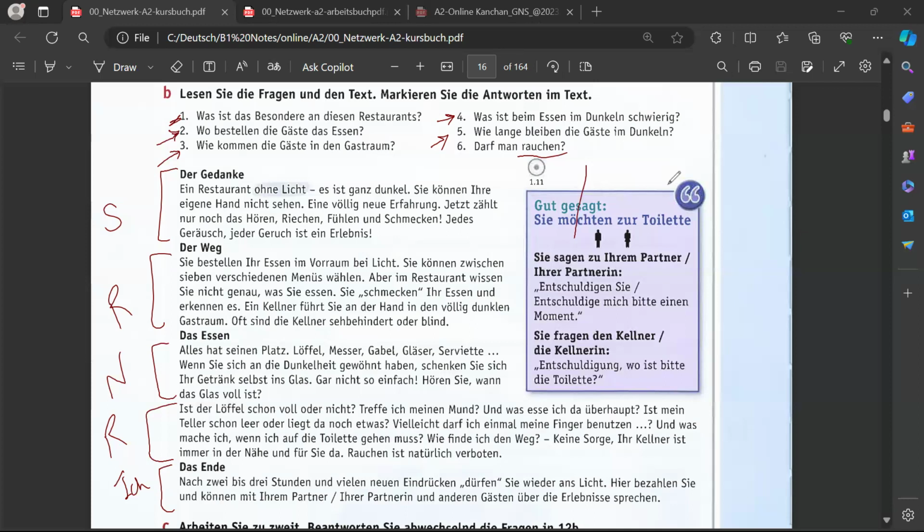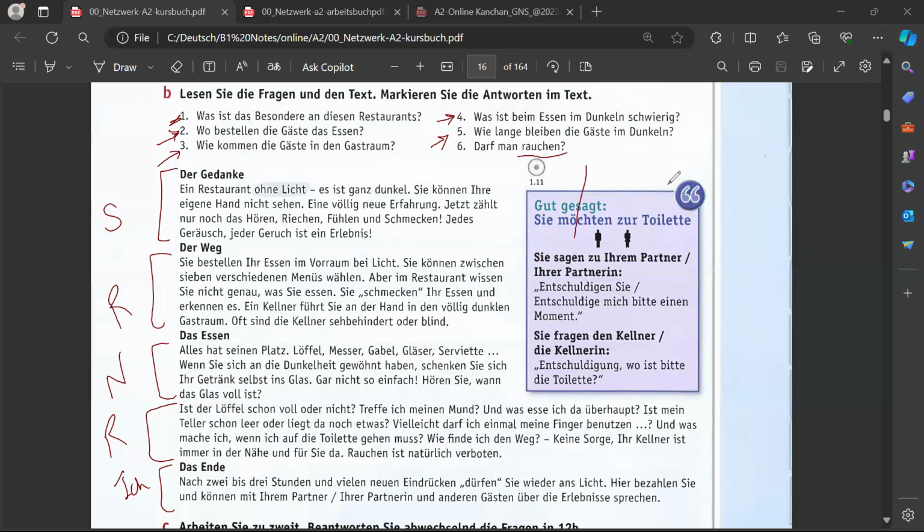And what am I eating anyway? Ist mein Teller schon leer oder liegt da noch etwas? Is my plate already empty or is there something else?